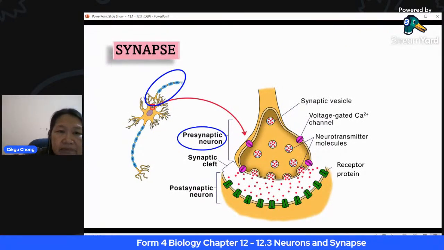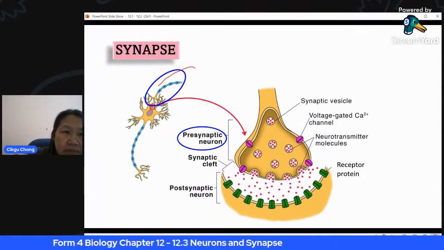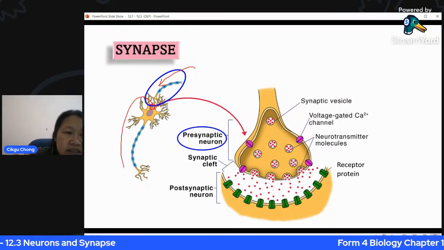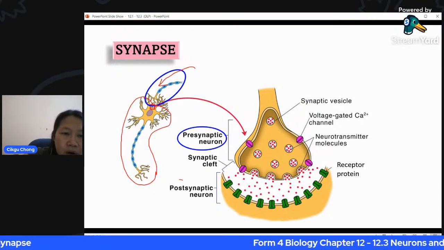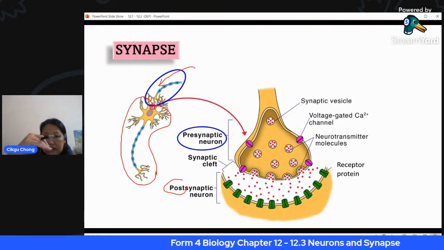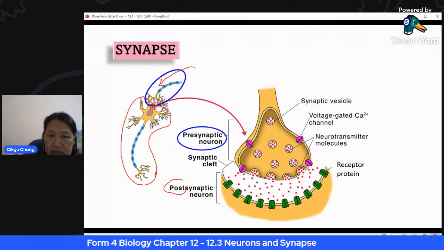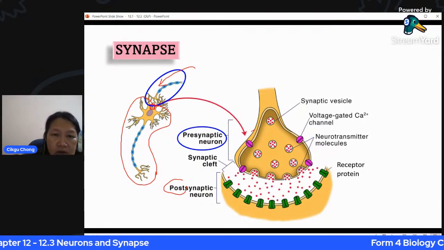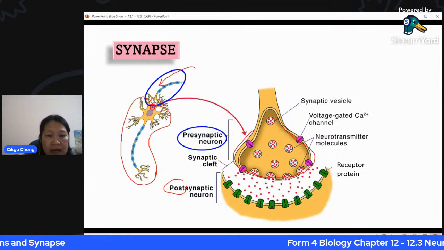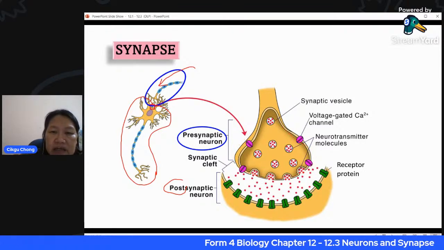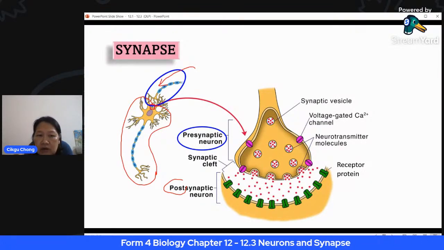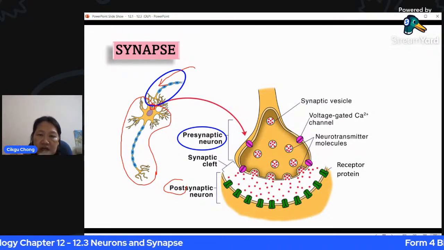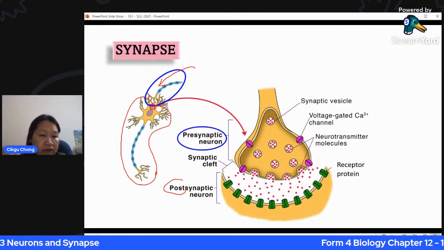The presynaptic is the one before, passing the impulse, and the second one after is the postsynaptic. The presynaptic ending, with the synaptic knot, looks like a bell shape. The other side receives; we call it the postsynaptic membrane. It's not a knot, but a sort of curve to receive messages.